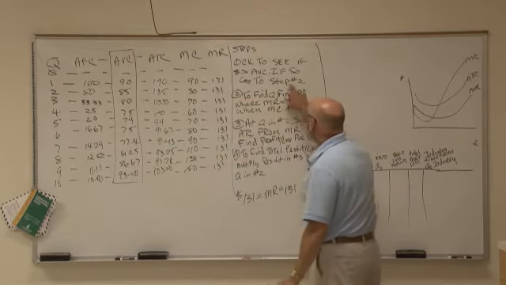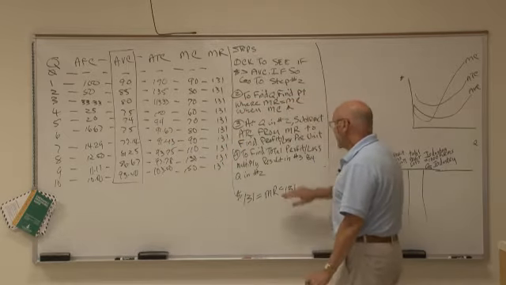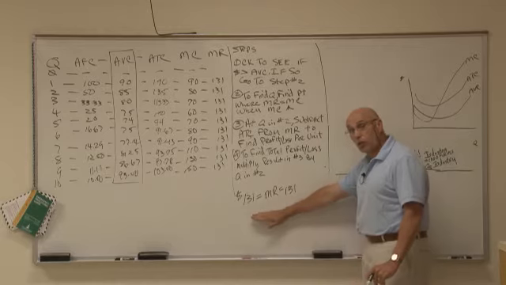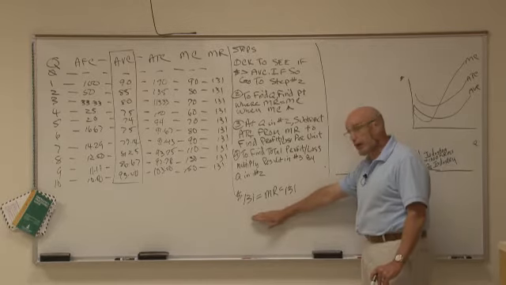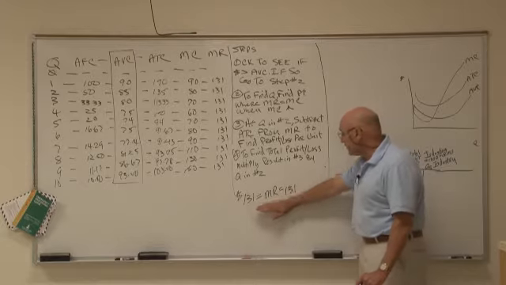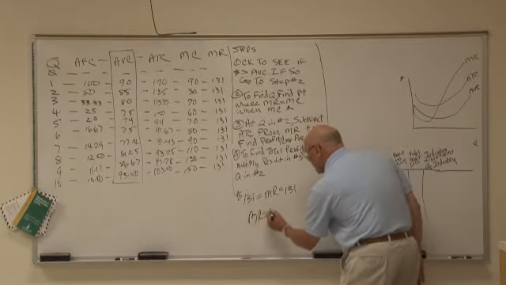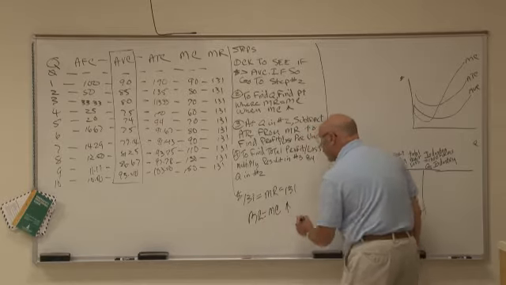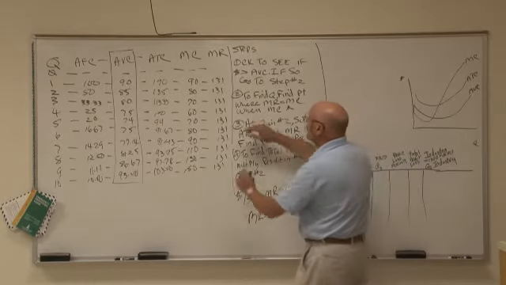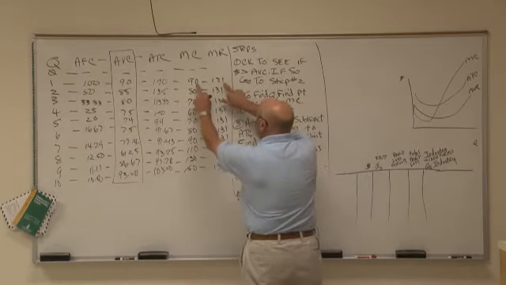So therefore, I'm going to go to step 2. Step 2 is going to tell me the quantity that I will produce at this particular price. But first, I have to find the point where my marginal revenue is equal to my marginal cost when my marginal cost is increasing. Well, I'm going to compare these two columns.